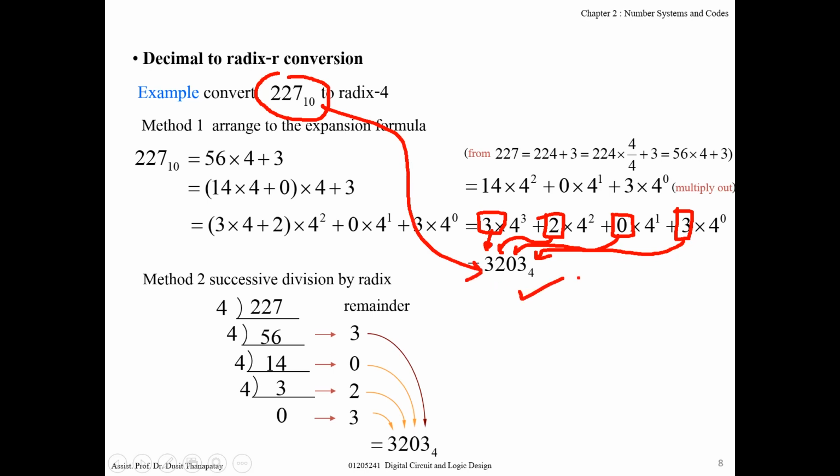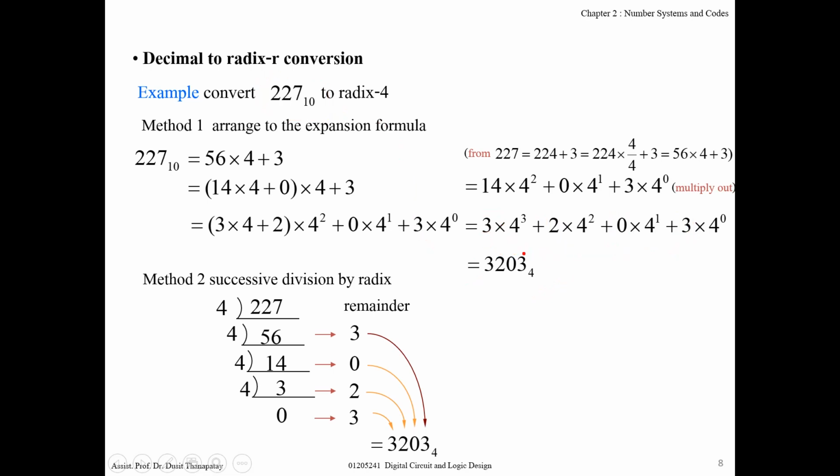Finish. Okay, easy, right? Just rearrange and convert in this form. Then you can complete this one. By the way, it's easy, right? But it's quite long to do the calculation and write a lot.